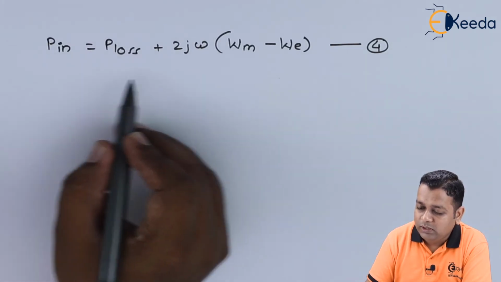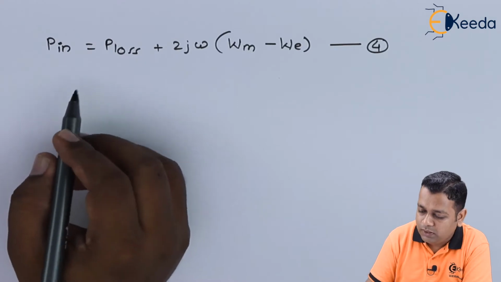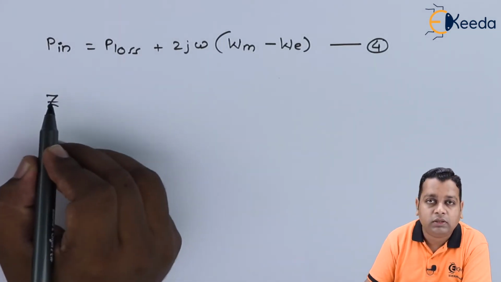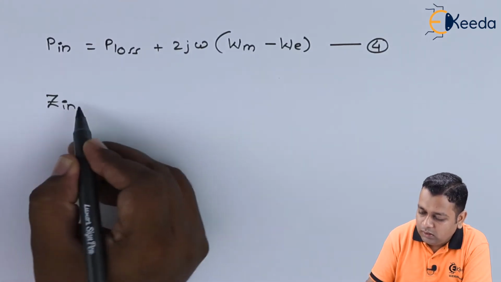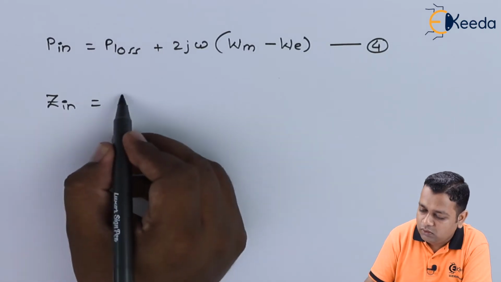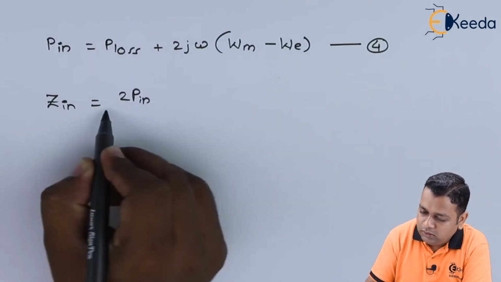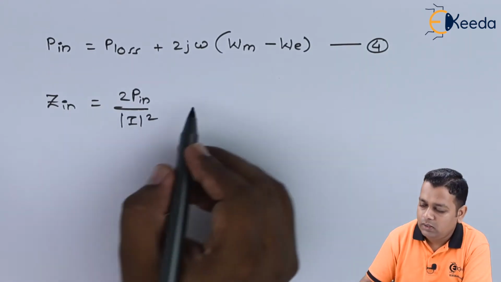In a similar fashion, we can express the input impedance by using the three parts of equation number 3. So the input impedance Z suffix in is equal to twice of P in divided by mod I squared.